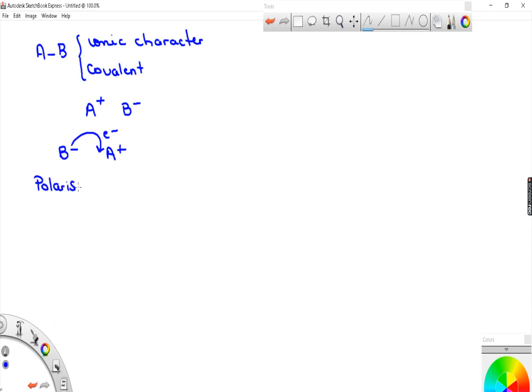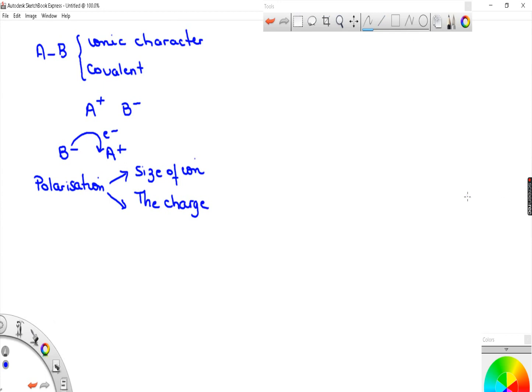The polarization depends on two factors: the size of the ion and the charge of the ion. So we have general rules to be followed.